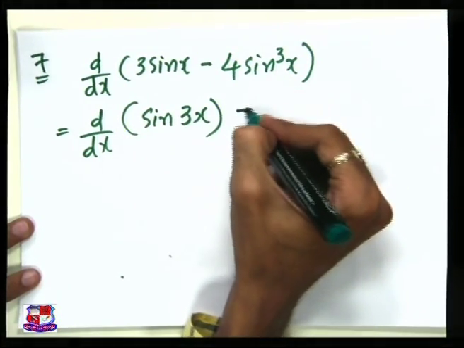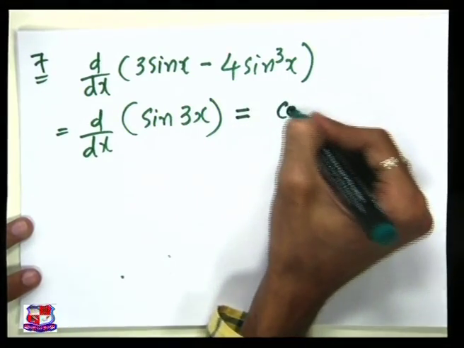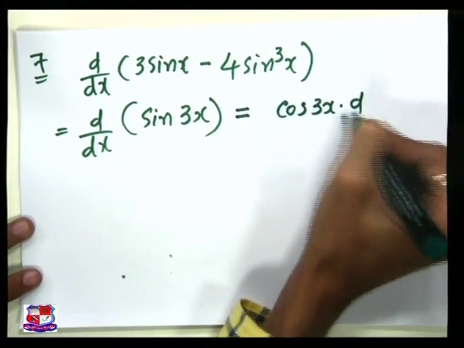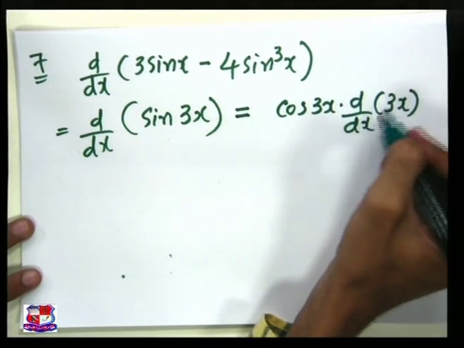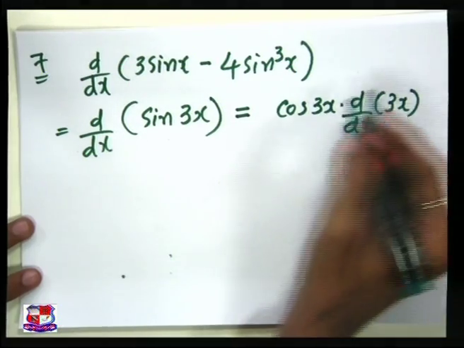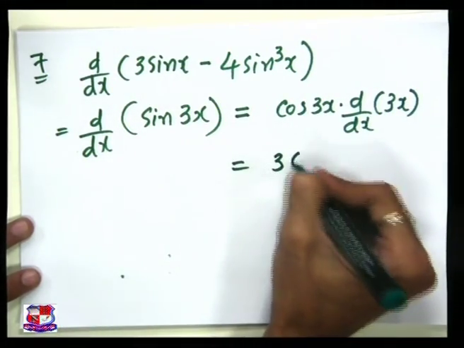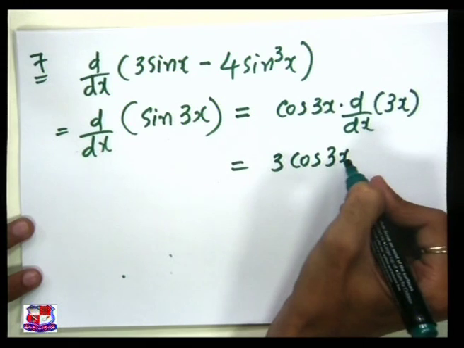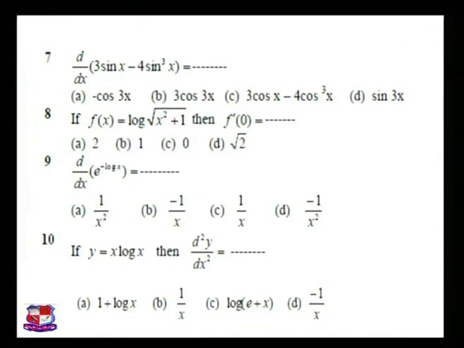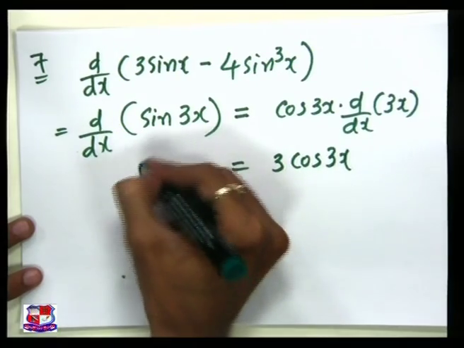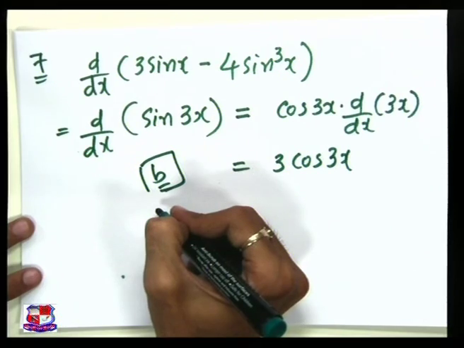So the differentiation of sin 3x is cos 3x into d by dx of 3x, and d by dx of 3x is equal to 3. So our answer is 3 cos 3x, which is given in option B. So our answer for the seventh MCQ is B, 3 cos 3x.